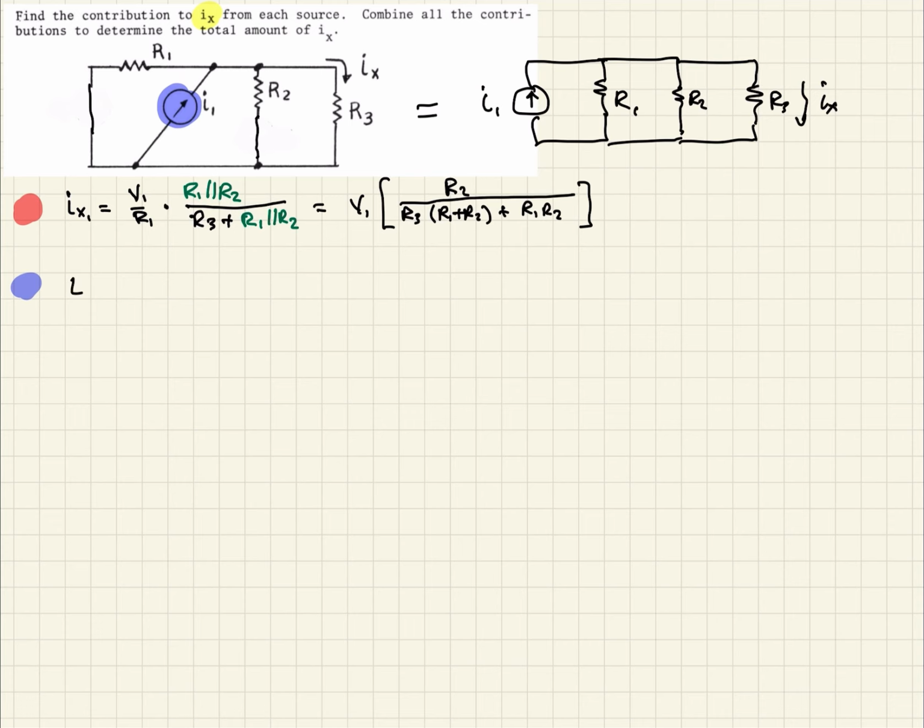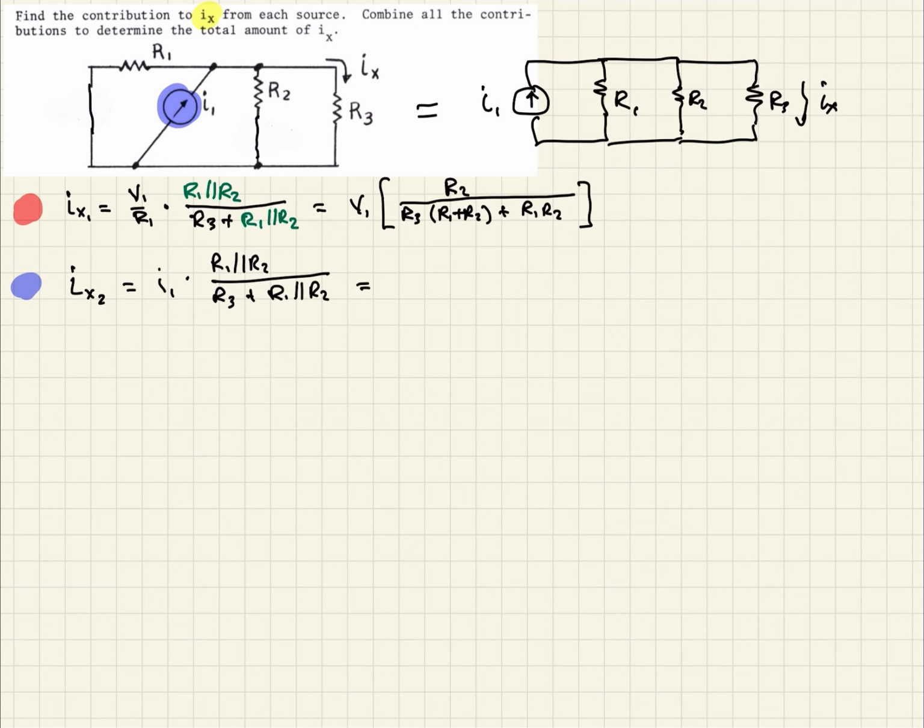So in this case, IX from our second source, which is going to equal, this time the total current is just I1, right? And that's going to be times R1 parallel with R2 over R3 plus R1 in parallel with R2.